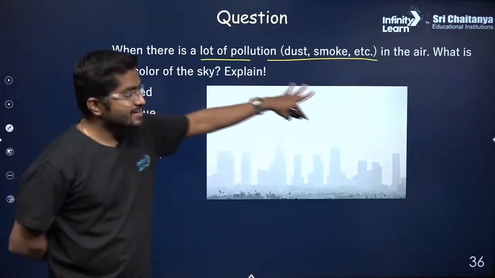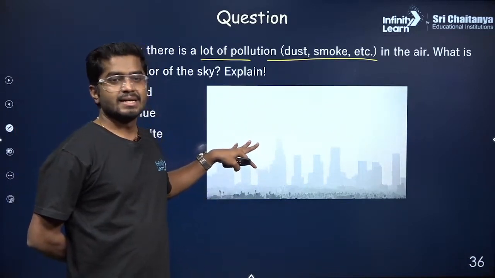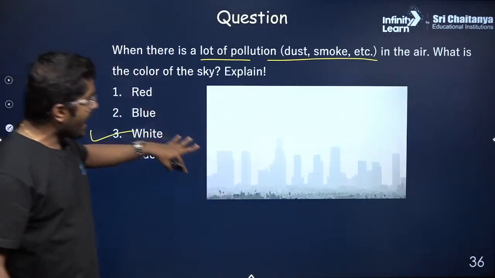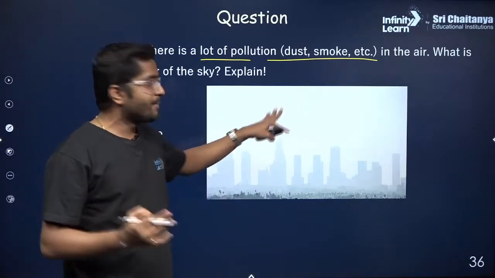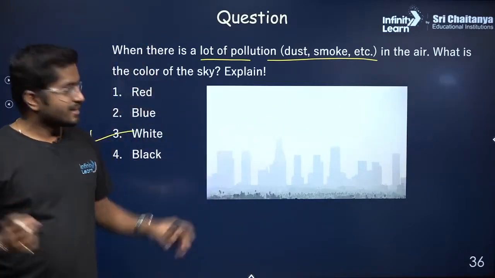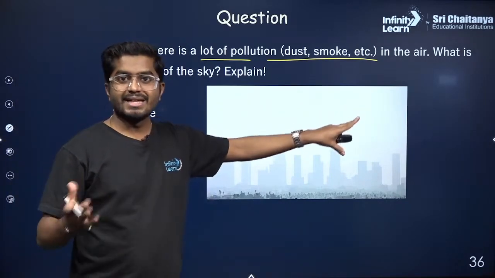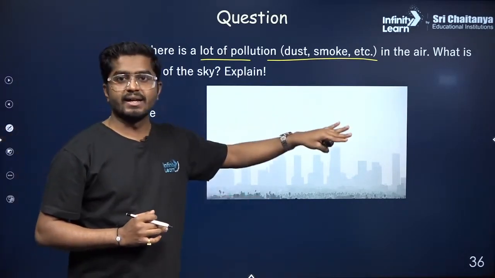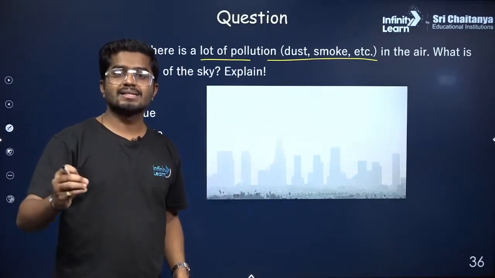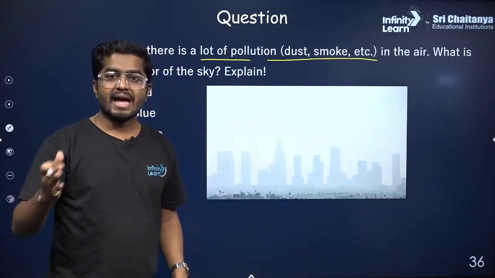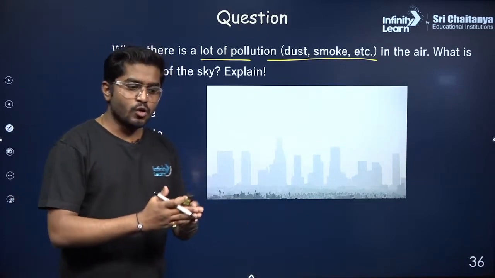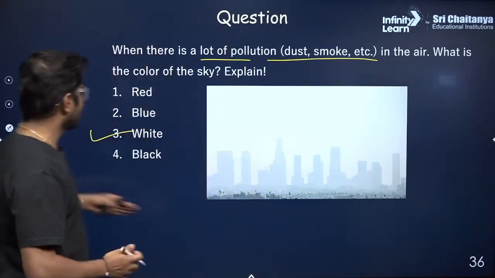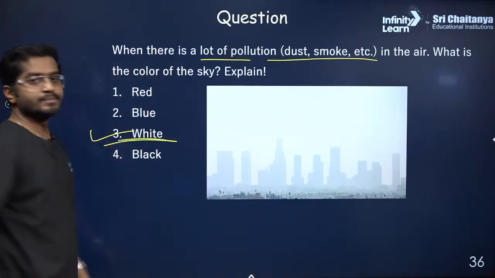The sky will appear something like this. This white color. This is not black, this is white color, and there is a grayish tinge because of the carbon particles. There are some carbon molecules, they will give this grayish color, but ideally the sky becomes white in color because all the colors get scattered equally, and we have learnt recombination. So if all the colors are scattered equally, they will recombine and form the white light.